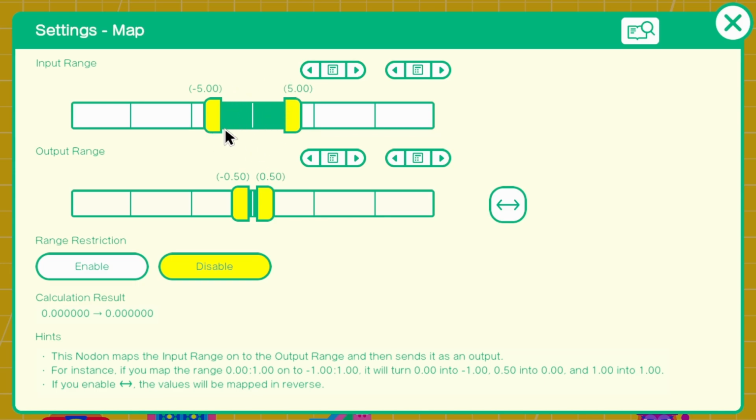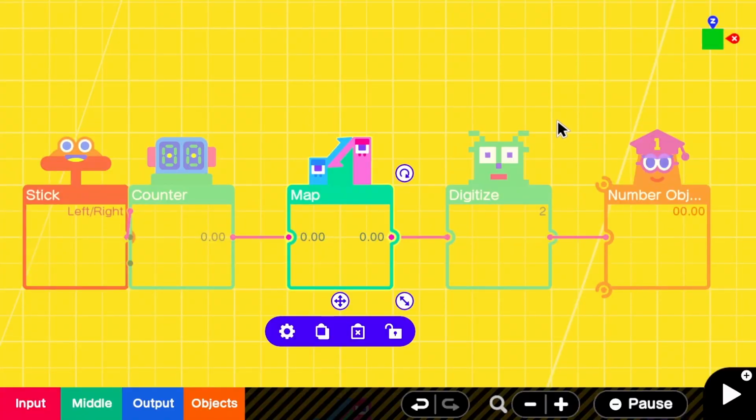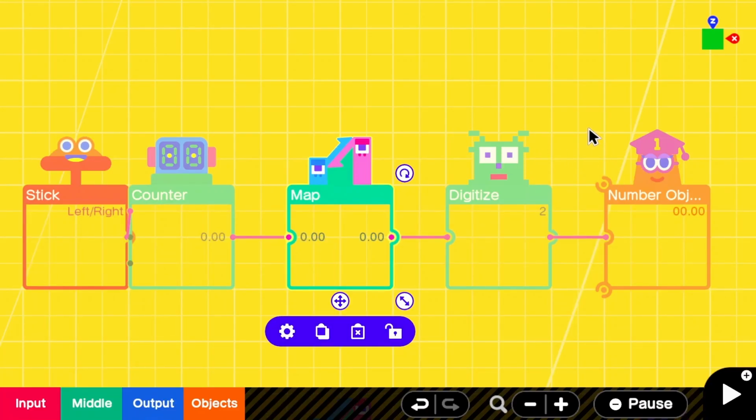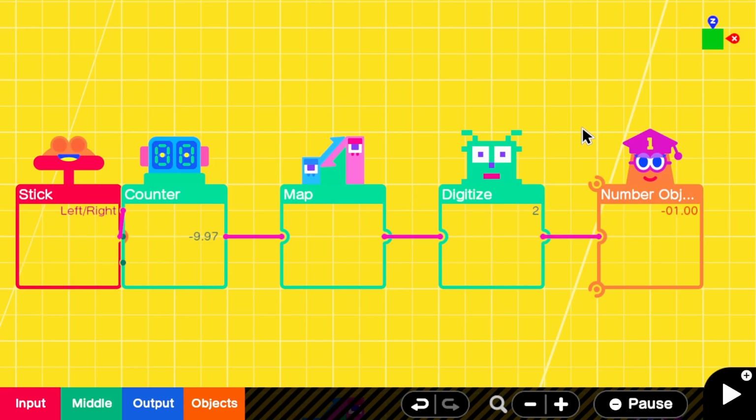For example, in this setting here, it's negative 5 to 5. So if our input is between negative 5 and 5, we know that the output of the digitize is going to be 0. But once our input goes greater than 5 or less than negative 5, only then will the output of digitize activate to be a non-zero value.